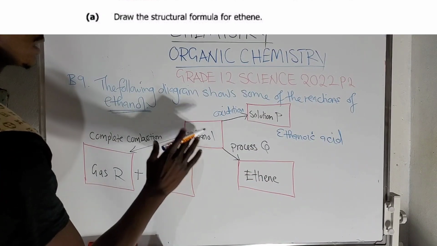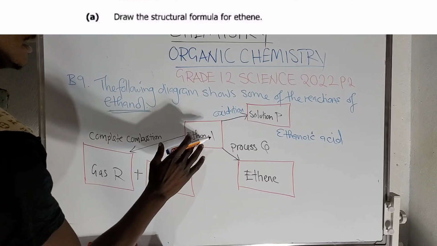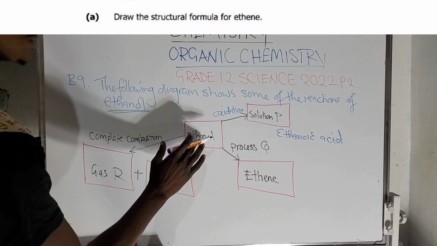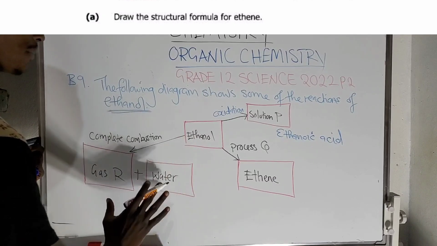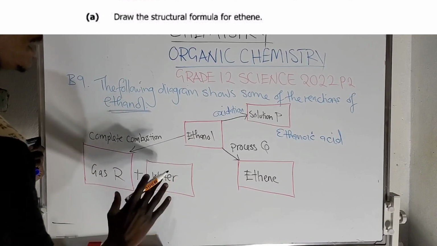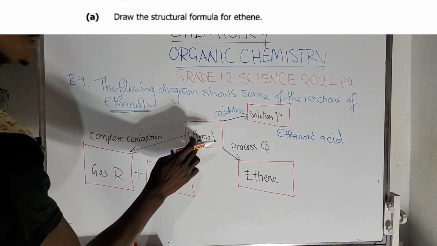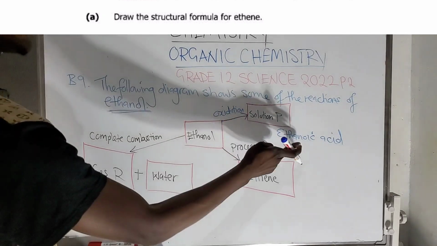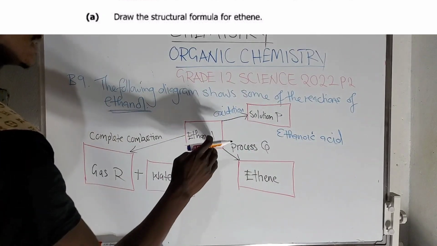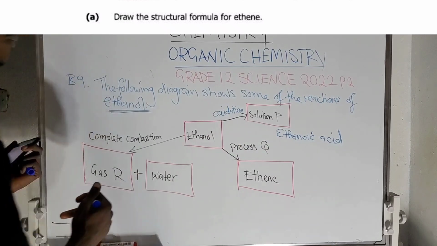So during fermentation, oxygen should not be allowed into the reaction chamber. Why? Because when oxygen is allowed to reach ethanol, ethanol immediately turns to ethanoic acid.